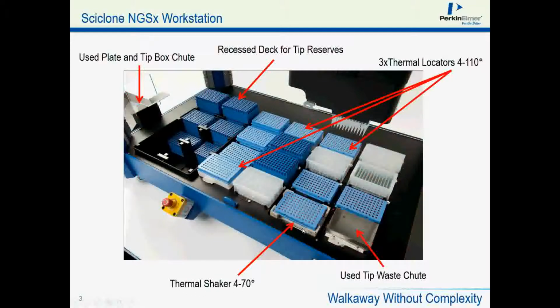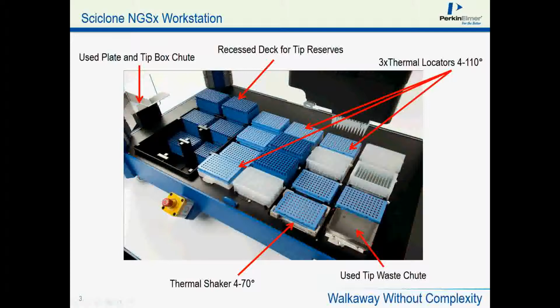That's another temperature locator. However, this particular position has a unique feature that allows you to shake a plate. So say during an incubation or a SPRI cleanup where DNA is binding to the beads, it could shake at whatever temperature you want for a specified duration of time.